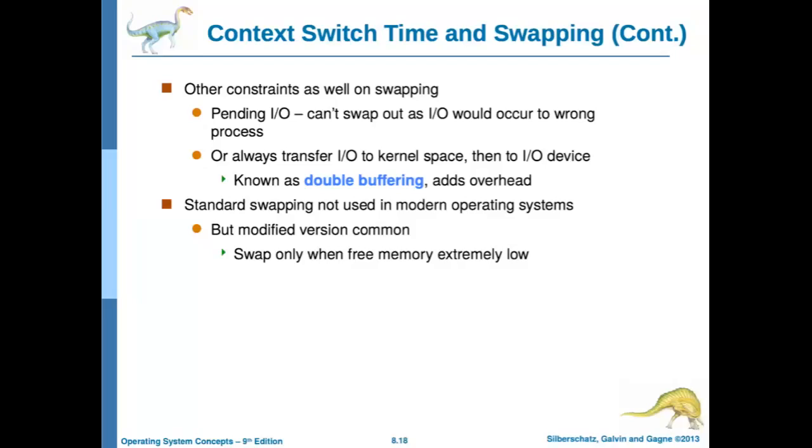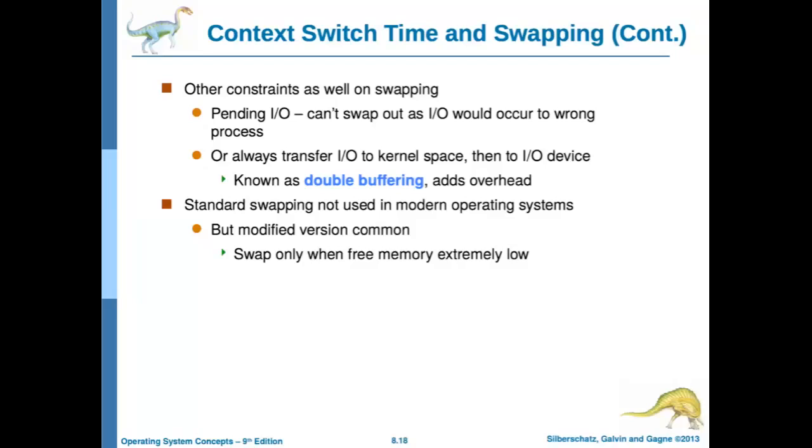Or else there is another solution known as double buffering, where we always transfer IO to kernel space and then from kernel space to the IO device. But because of this double copy, this approach adds overhead to the operating system.